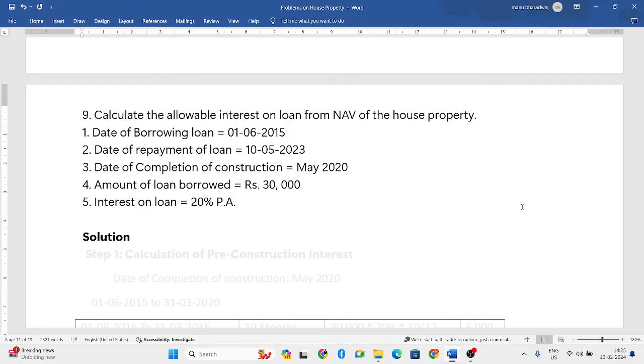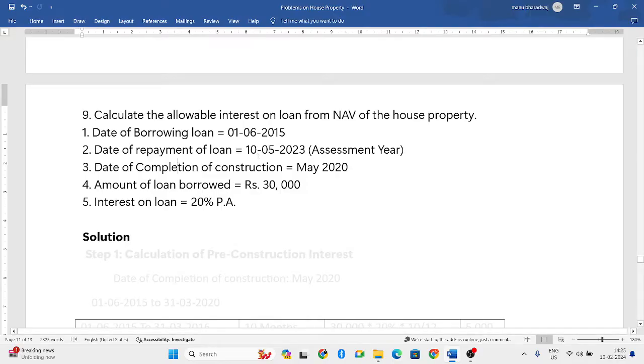Date of borrowing of loan is 1/6/2015. Date of repayment of loan, so the loan is repaid, is 10th May 2023. This date comes in our assessment year.